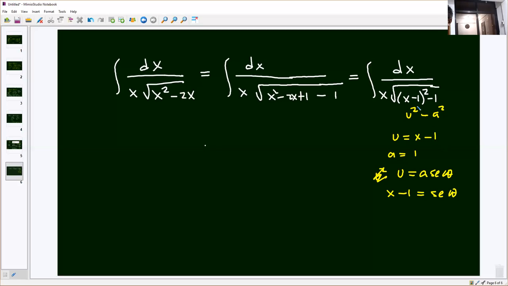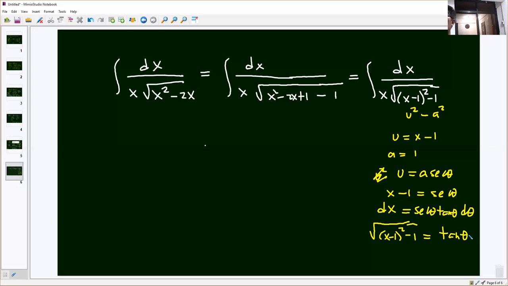Ano na tayo rito? Okay, dx muna natin para maganda. Sectan d theta. Now, dapat yung mga ganyan, yung x minus 1 squared minus 1, after the substitution, kung sanay na, you know that x squared minus 1 yan, yun ang magiging tan squared. Square root yan. So, tan lang yan.